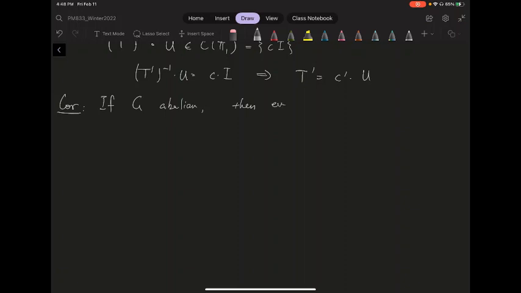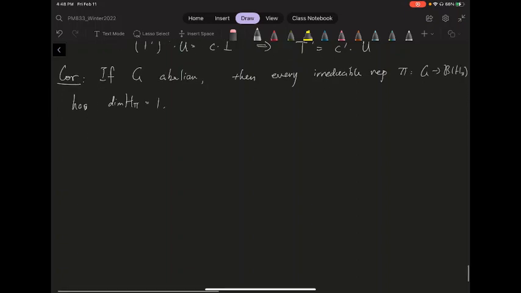So every irreducible representation pi from G to B of H pi will have this H pi be one-dimensional. Okay, dimension of H pi is equal to 1, because it's irreducible. So essentially, this corollary is basically going to say that the analog of the unitary representation for abelian groups is essentially just the character group. Okay, so let's prove this fact.